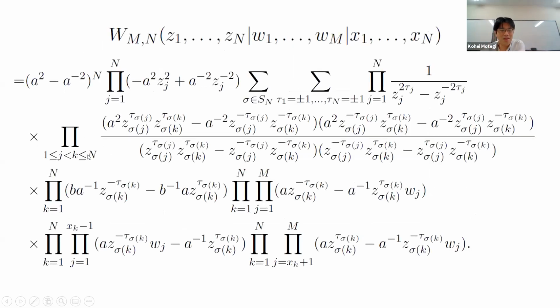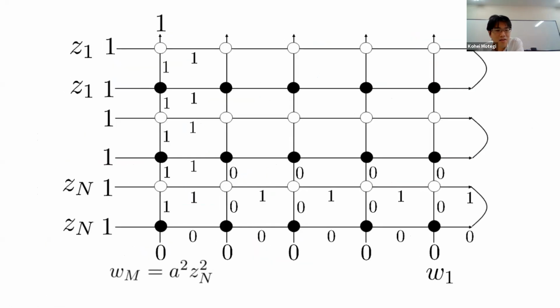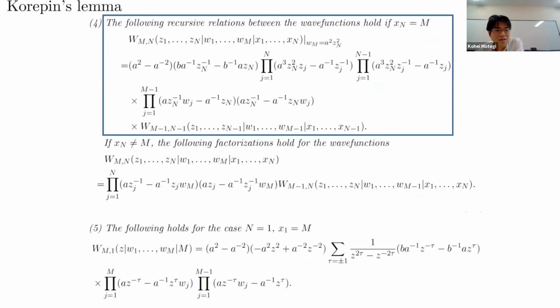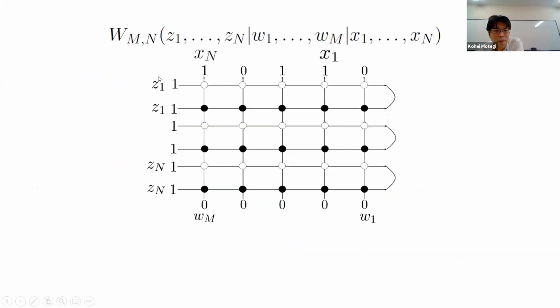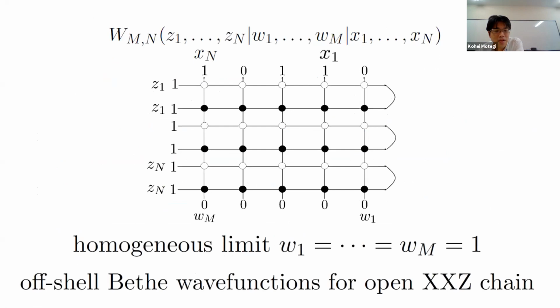It's very complicated, but you can show this explicit form satisfies all these properties in Korepin's lemma. And actually this kind of partition function corresponds to the off-shell Bethe wave functions of the open XXZ spin chain.